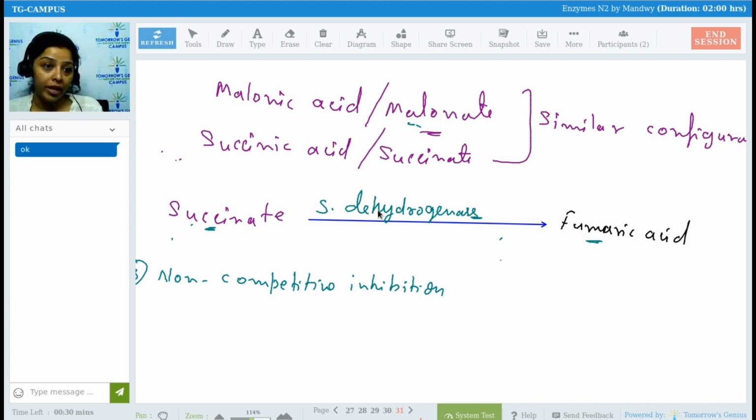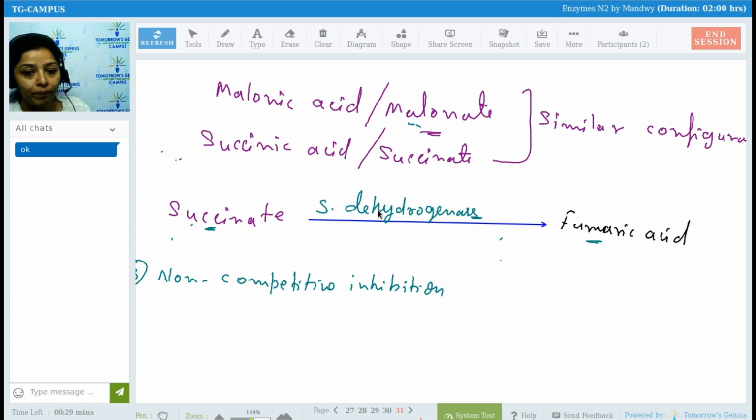The chemicals are not binding with the active site but with the other site, and changing the configuration of the active site so that the protein will not bind with the particular substrate. Once they do not bind, enzymatic action will not take place, and that's how they are inhibiting the enzymatic action.